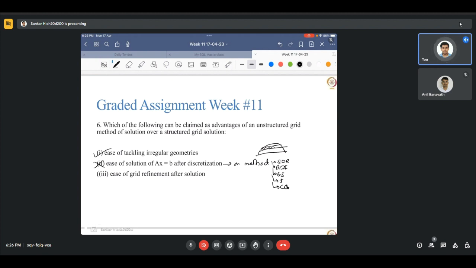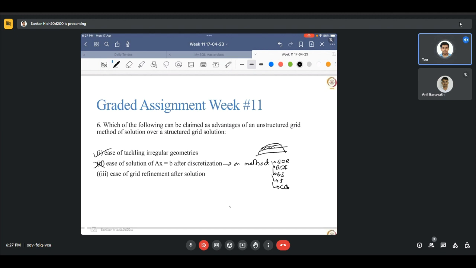Third option, the ease of grid refinement after solution. We can see that an unstructured grid over a structured grid is easier to refine.